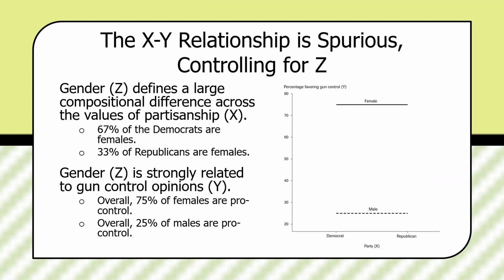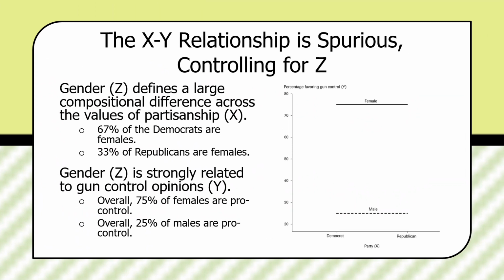So for women, X has no effect on Y. Similarly, 25% of male Democrats, 1 of 4, are pro-control, compared with 25% of male Republicans, 2 of 8. Again, there are a lot more males among the Republicans than among the Democrats. But once you take that into account, you find that X has no effect on Y for males.